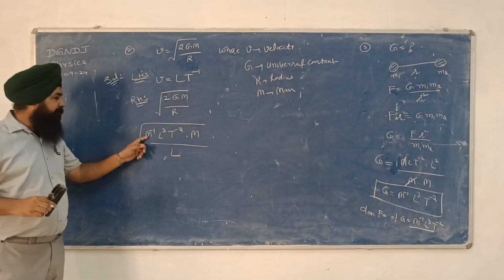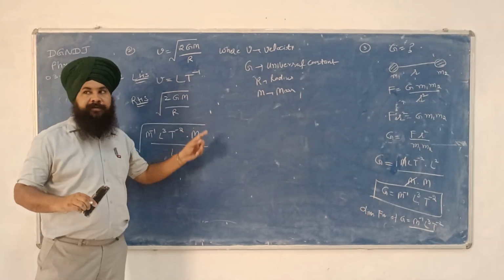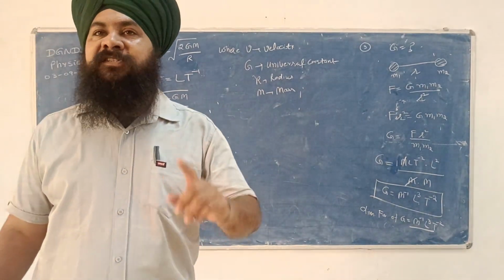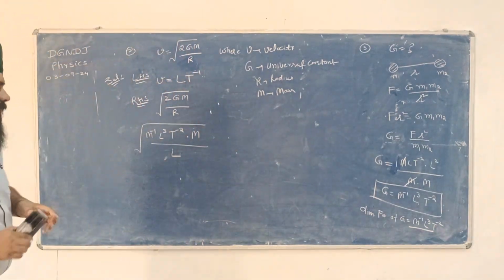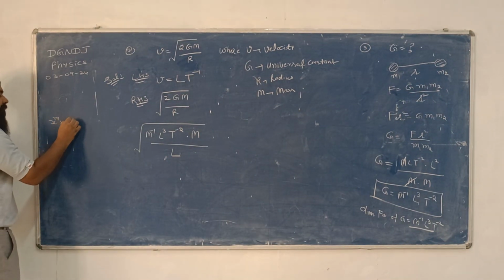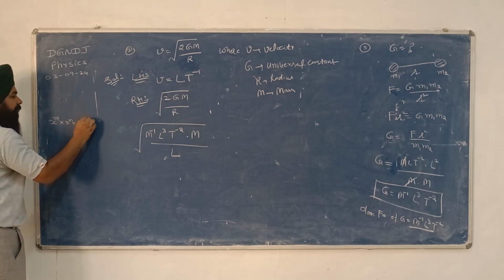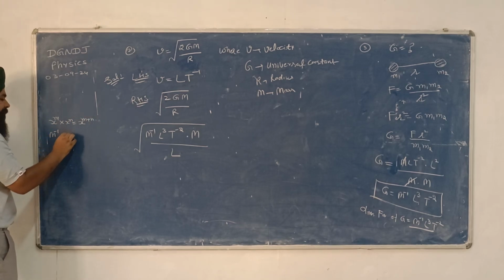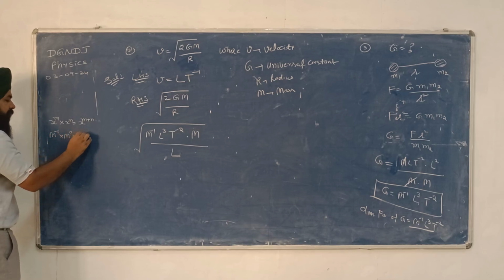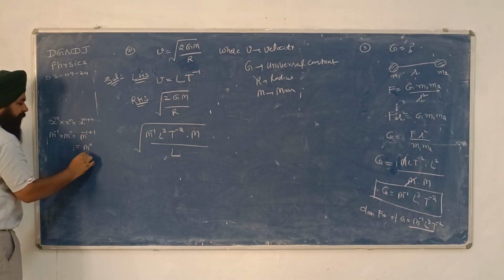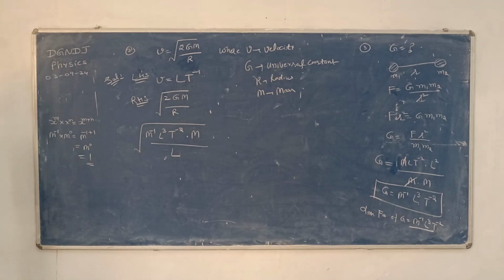Now see, this is M to the power minus 1, and this is M to the power 1, so it will become M raised to power 0. By using the formula x raised to power m into x raised to power n is equal to x raised to power m plus n, M minus 1 into M is M raised to power minus 1 plus 1, which is M raised to power 0, and that is equal to 1.